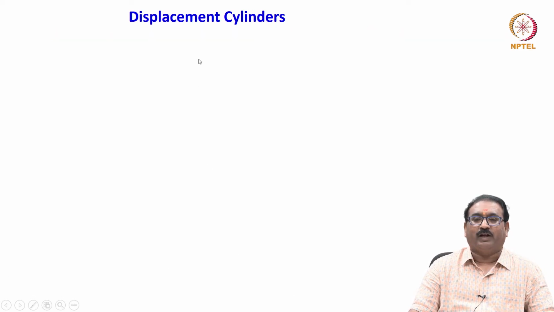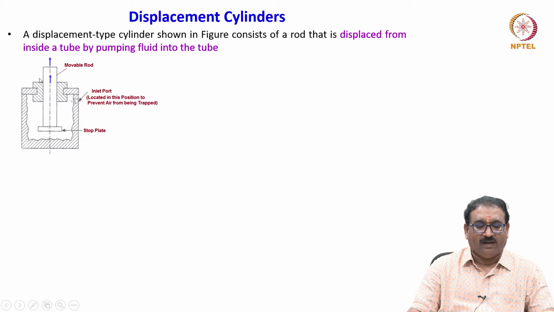Now we will see one more type, displacement cylinders. This is a displacement cylinder. See the constructional feature here, how it is. A displacement type cylinder shown in the figure consists of a rod that is displaced from inside a tube by pumping a fluid into the tube.